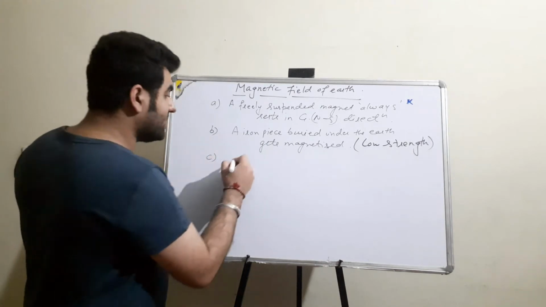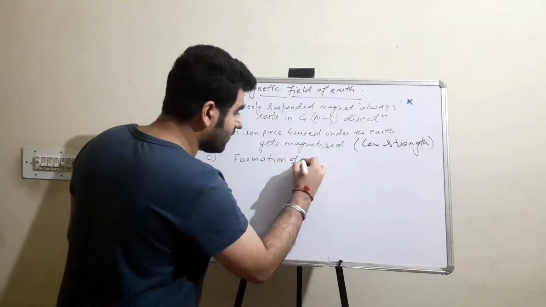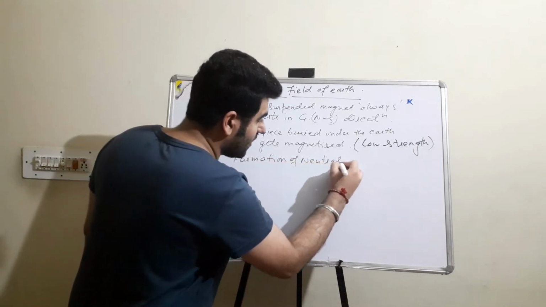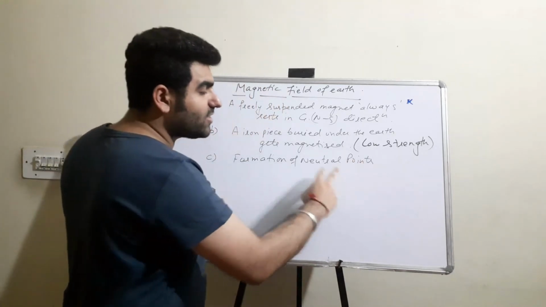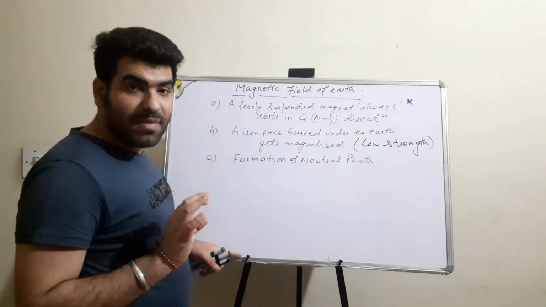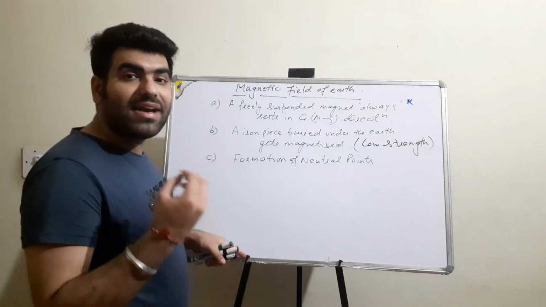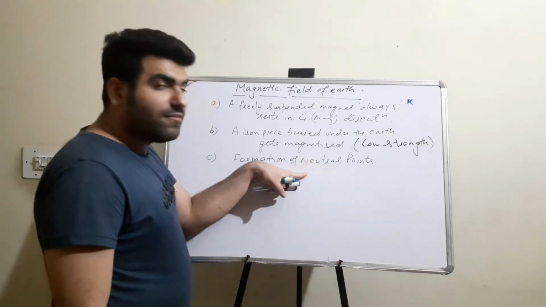The third evidence is the formation of neutral points. Now, what are neutral points? Neutral points are the places where there is no effect of the magnetic field, or we can say the magnetic field becomes zero. Why does the magnetic field become zero?